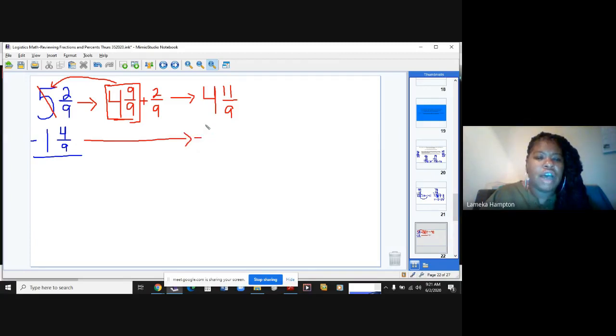Okay, so I am now just simply going to move my 1 and 4/9 under here. Now I have my top fraction is larger than my bottom fraction. So because my top fraction is larger than my bottom fraction, that simply means now I can go ahead and perform the subtraction.